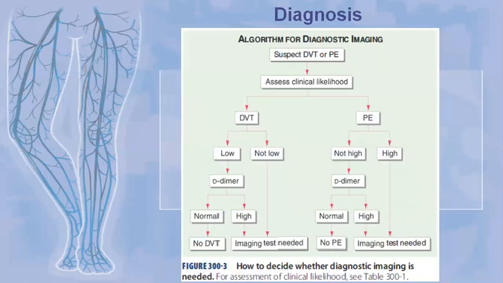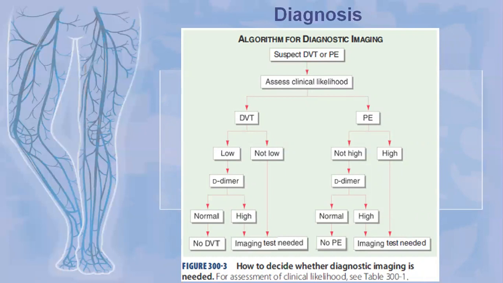So here is an algorithm for diagnostic imaging for both DVT and PE. The first step, when you suspect a patient having DVT or pulmonary embolism, is to assess the clinical likelihood, using the table that we projected earlier.